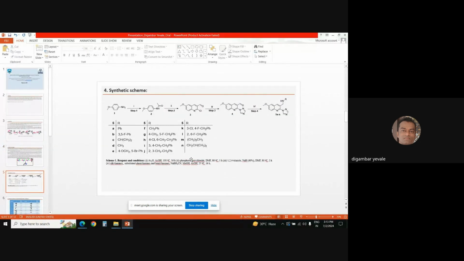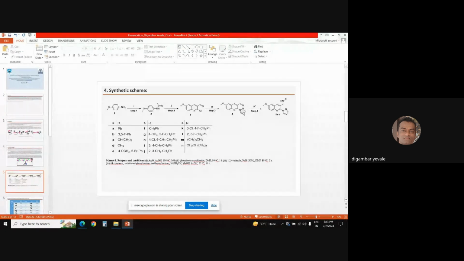So this is the synthetic scheme for the synthesis of the total 14 analogs. The first step is acetylation using acetic anhydride and acetic acid at 100 degrees Celsius. The second step is Vilsmeier formylation followed by cyclization using POCl3 and DMF.